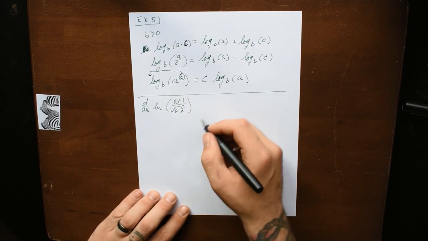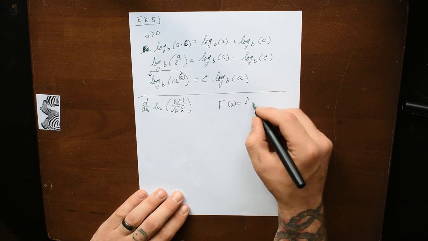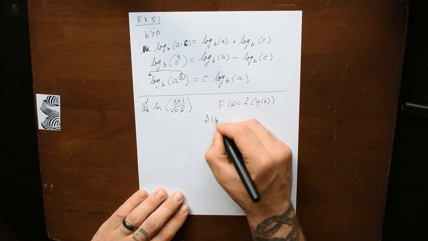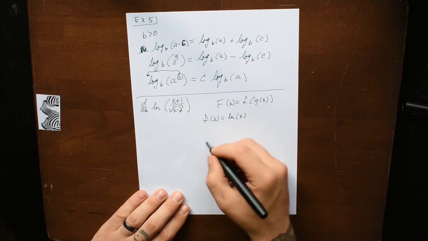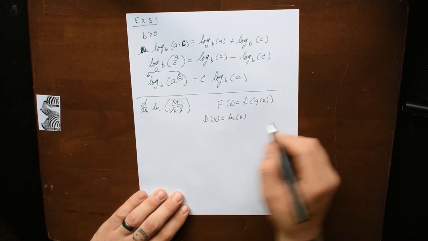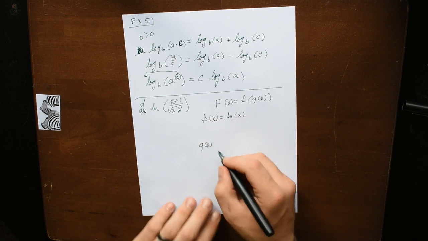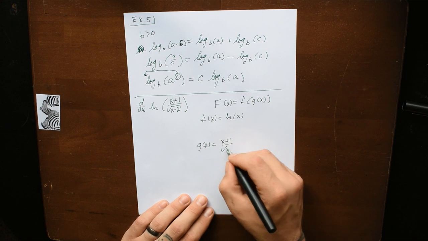We have f of x being equal to the ln of x, and we will say g of x being equal to x plus 1 over the square root of x minus 2.